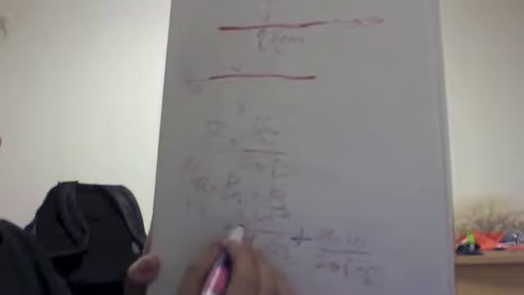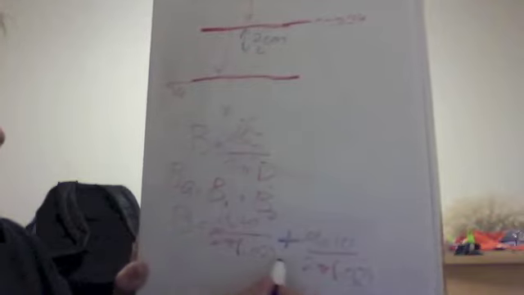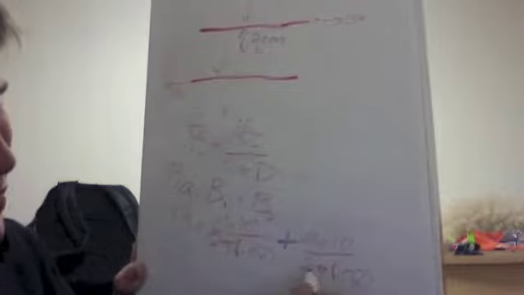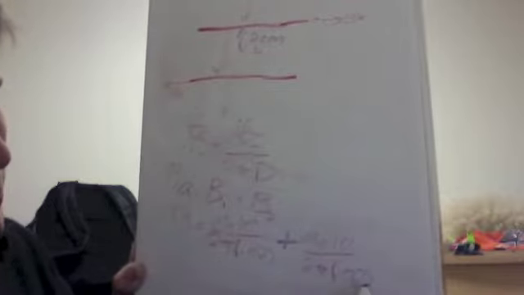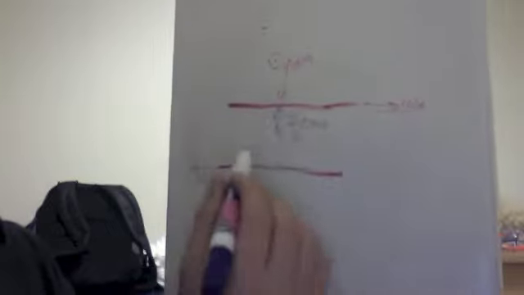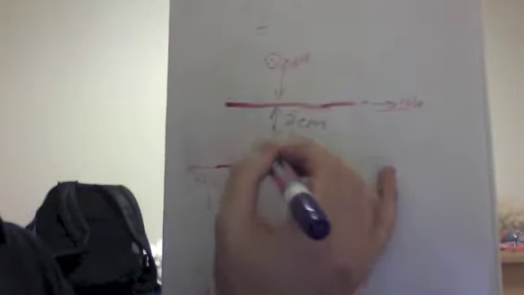So we're going to have mu naught times 10 amps over 2 pi times 0.02 plus mu naught 10 over 2 pi times 0.02. So we're going to have the same magnitude of magnetic field from both of the wires.